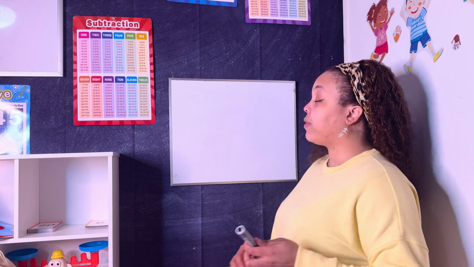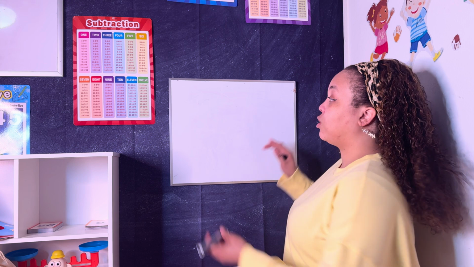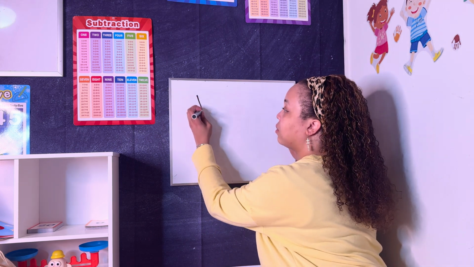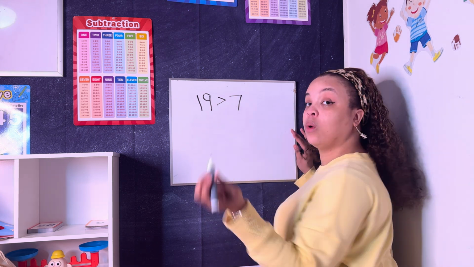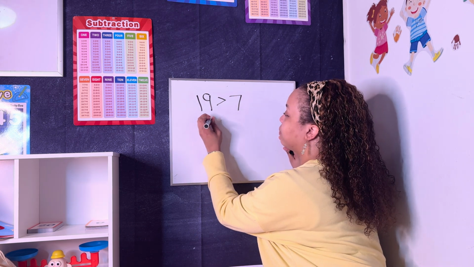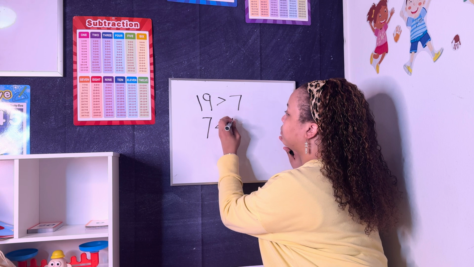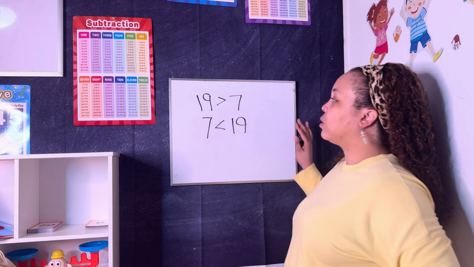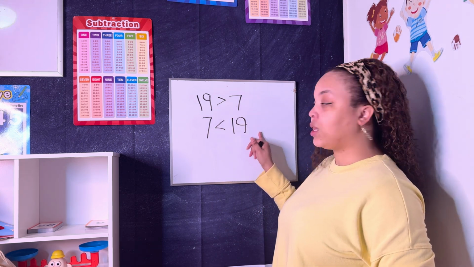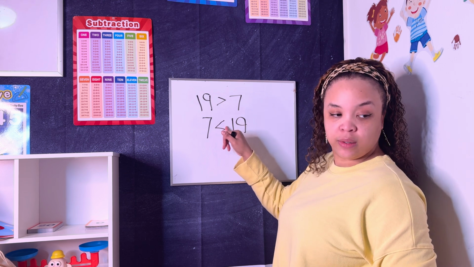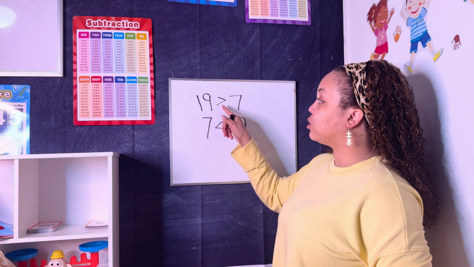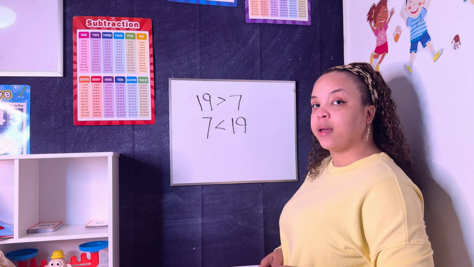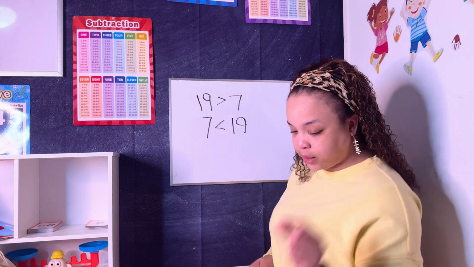Actually, to go back on that, so 19 and 7, you could write it this way, or these two are both the same thing, they're just written differently. So 7 is less than 19, or 19 is greater than 7. It's saying the same thing, just worded a little bit different.